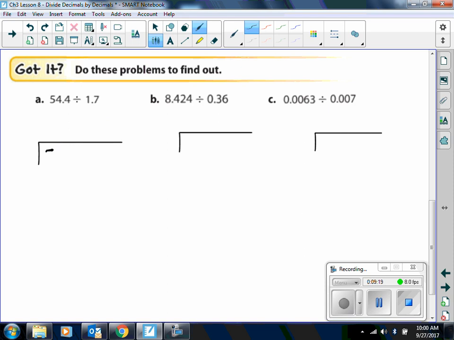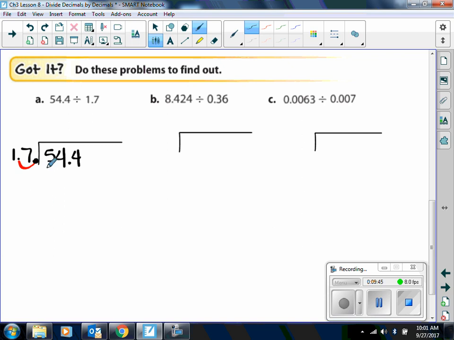So that's 54.4 divided by the divisor, which is 1.7. Now, we want to move the decimal in the divisor until it becomes a whole number. So now it's 1.7. I'm going to move that decimal to the right 1 time, and now it's 17. Is everybody clear with that?